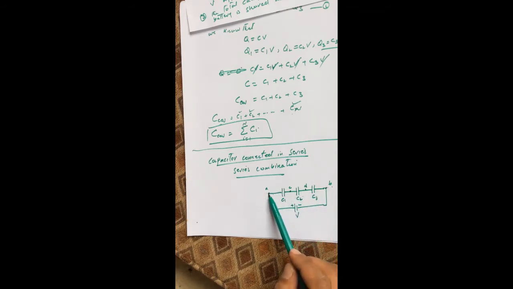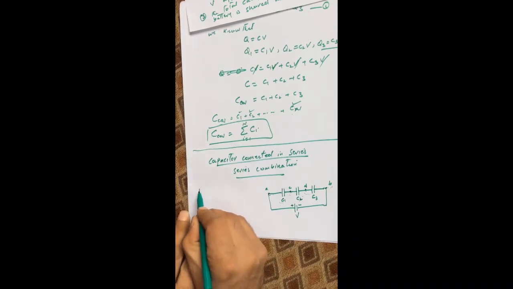Like if I move from A to B, I have to move from A to C. This path passes through C1, then from C to D, this path passes through C2, then from D to B, this path passes through C3. So by this way we can identify that this combination is a series combination.